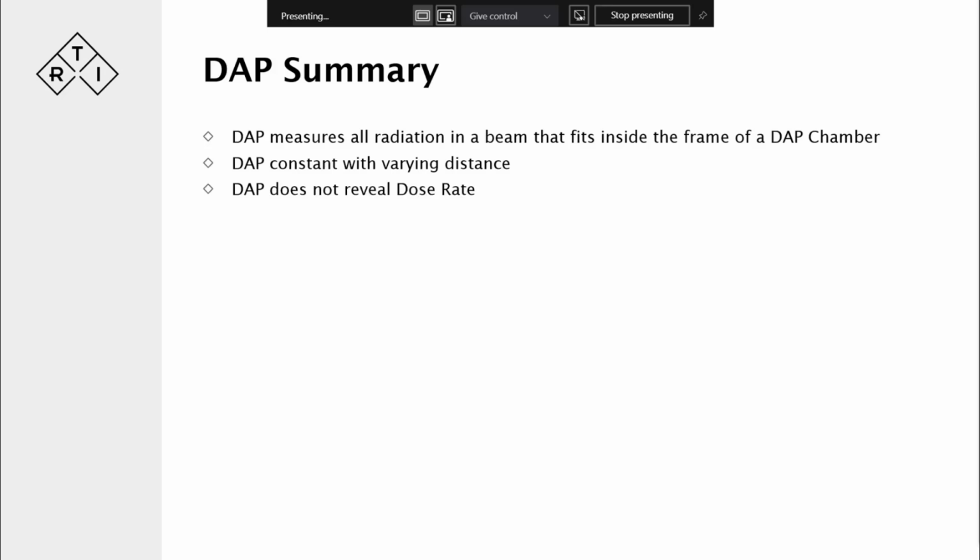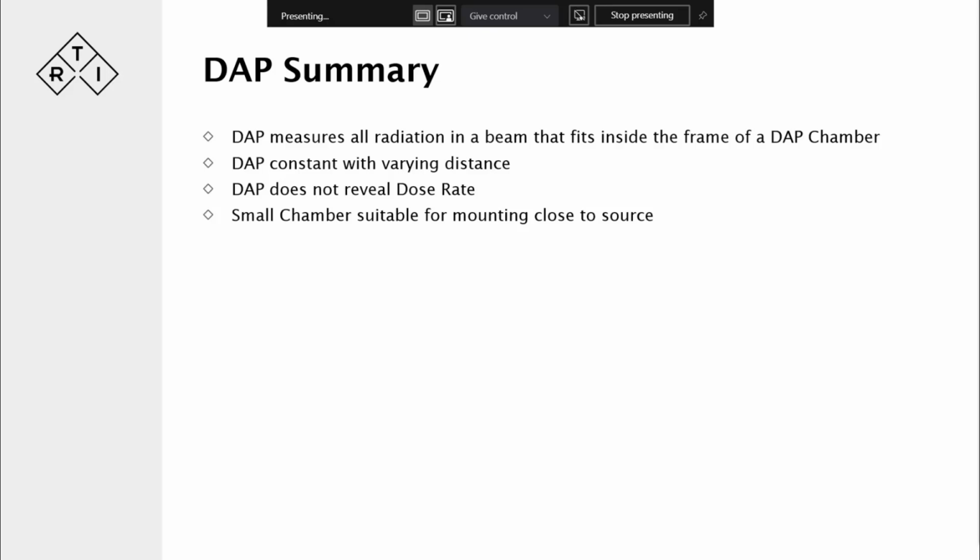But that does not say anything about the dose rate, unless you compute it backwards and see what the actual size of the beam is, and then divide the DAP value by that, and we get the dose. But the DAP value in itself does not say anything about the dose rate.